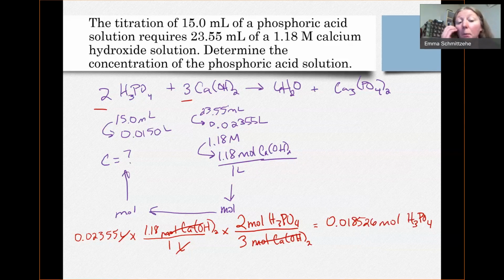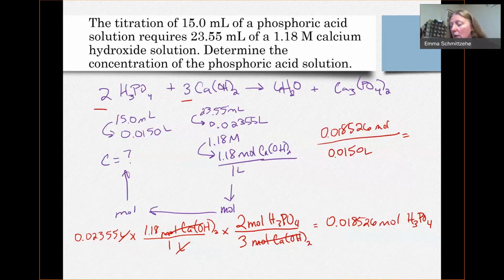And so I need the molarity, the concentration of the phosphoric acid. So 0.01852 moles divided by the liters, so divided by the 0.0150 liters. And that's going to give me my molarity of phosphoric acid.